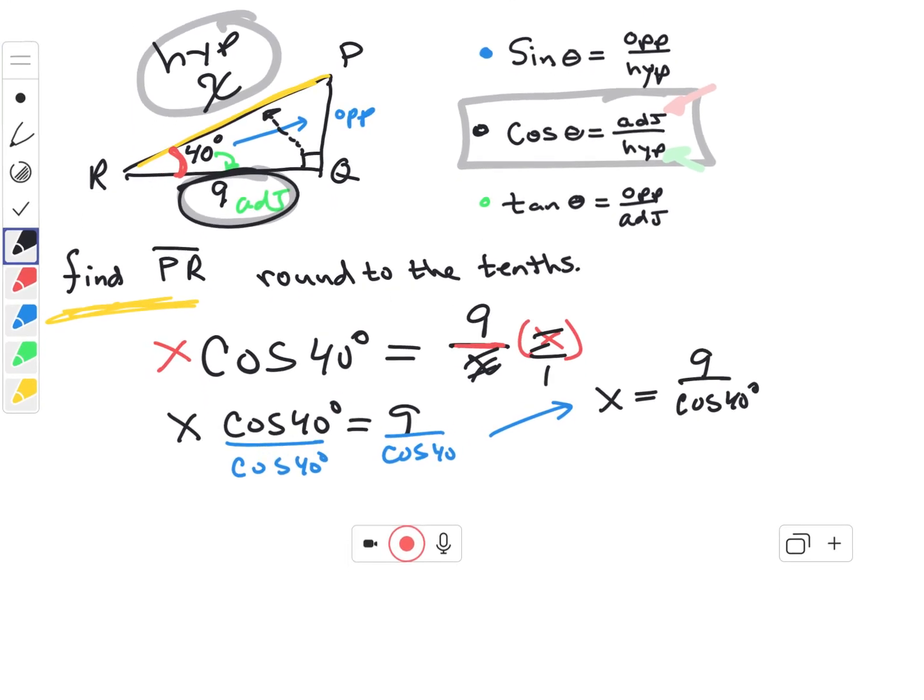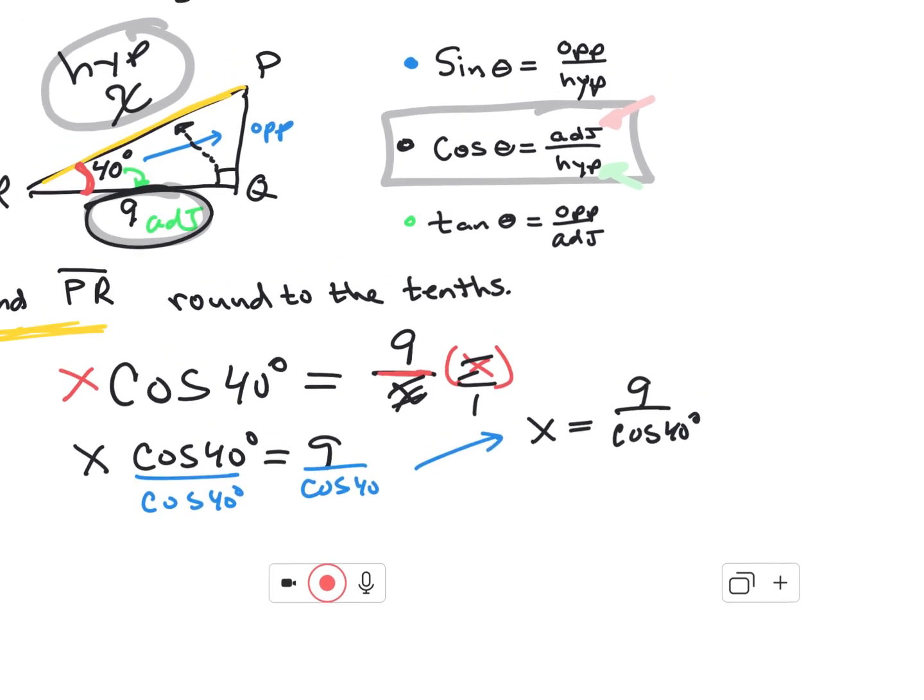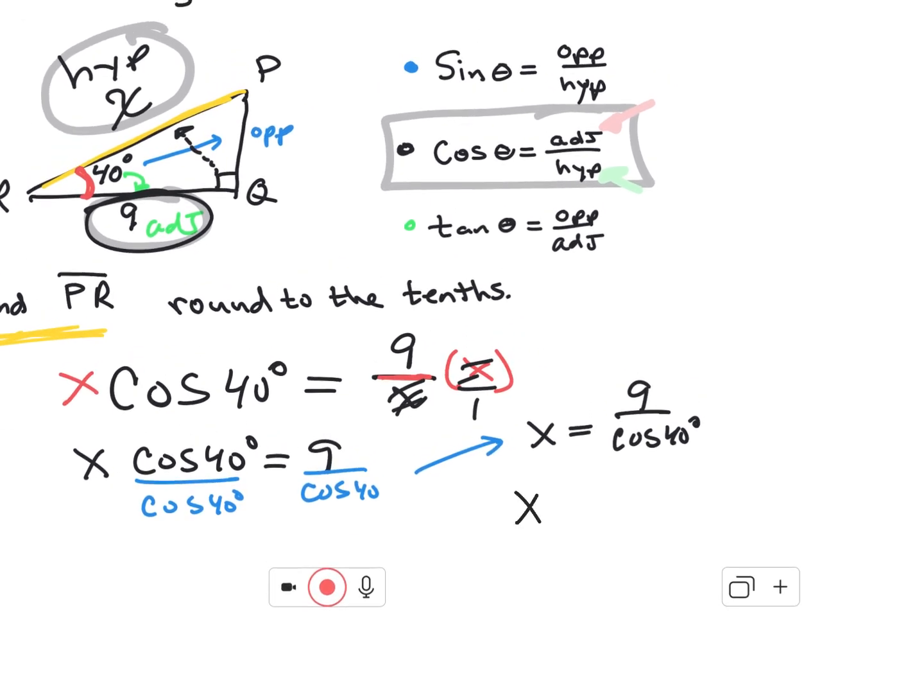So you're going to grab your calculator, and you're going to type that into your calculator, and if you're not getting the right answer, maybe your calculator is in radians instead of degrees. So you should get 11.74. It says to round to the tenths. So the tenths place is 1 digit after the decimal.